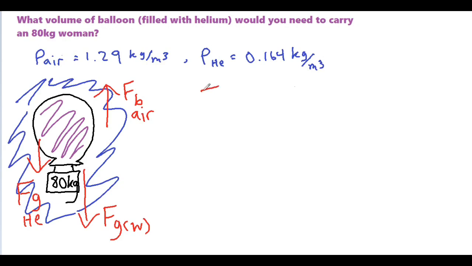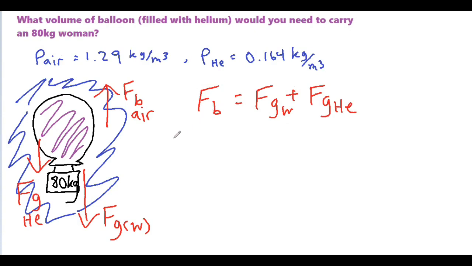We have our buoyant force equal to our Fg of the woman and Fg of the helium together. Now what we can do is, if we have some forces, we can either put them in the form of mg, or we could put them in the form of rho vg.